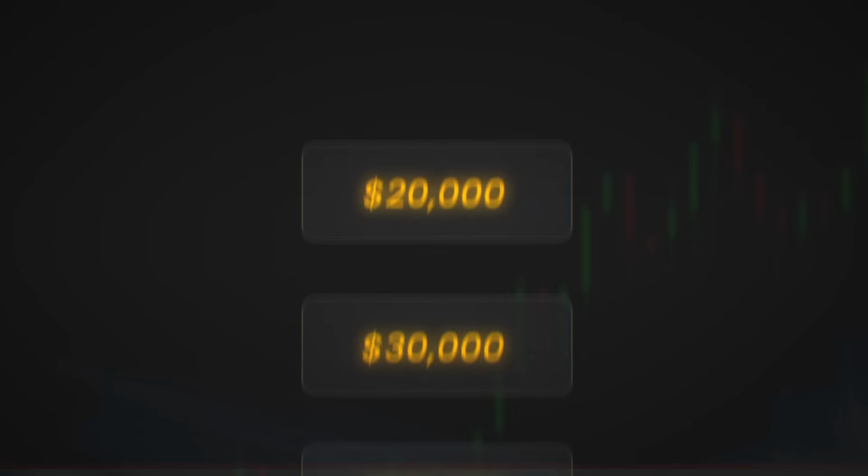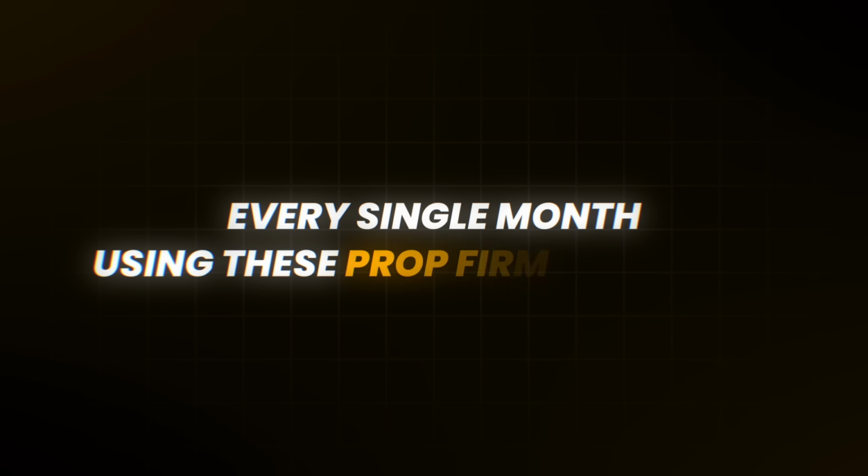So if you do that and you stick to your plan and you stay consistent with your trading, you now have a chance to make consistent income without utilizing any of your own money or your life savings. Because with that $100,000, you can obviously make drastic amounts of money. There are people using $100,000 accounts and making $20,000, $30,000, $50,000 every single month using these prop firm accounts.